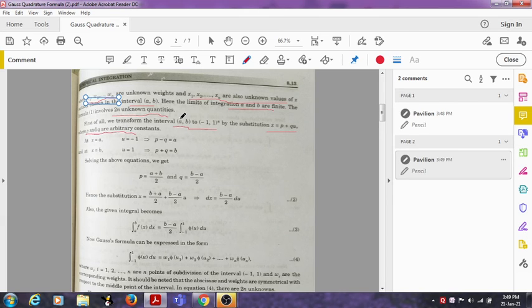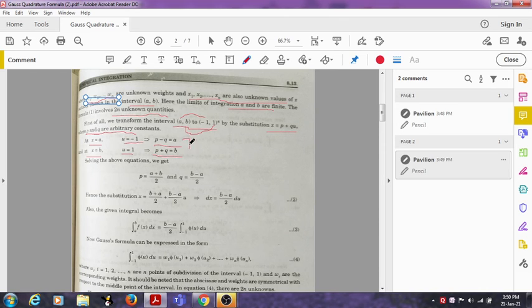Now we convert a to -1: when x = a, u = -1, so the equation reduces to p - q = a. Again, when x = b, u = 1, so we get p + q = b.